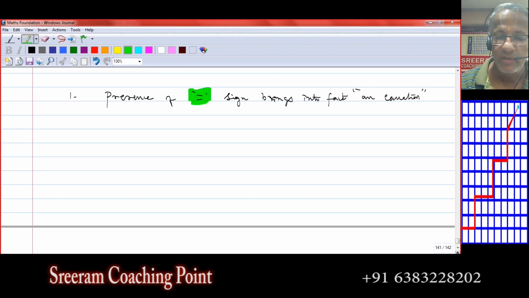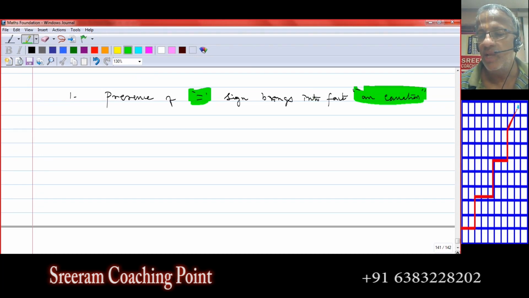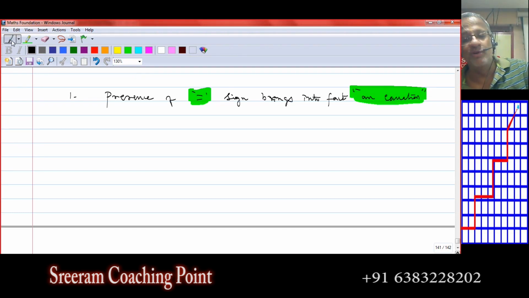So equal to sign and equation are synonymous. You can take it like that. The presence of equal to sign brings into fact an equation.